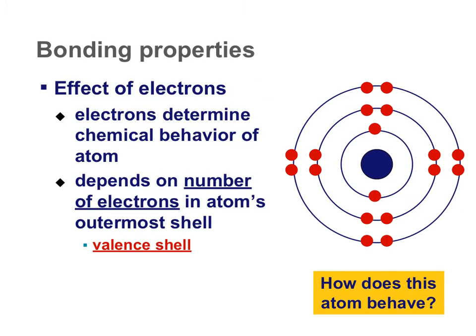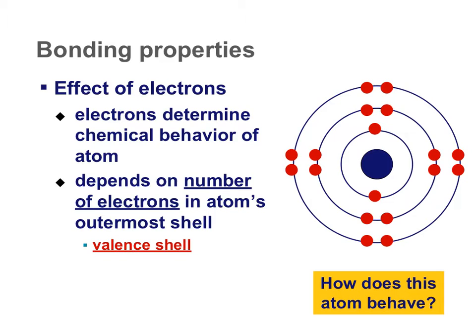Again, it is the valence electrons, the outer shell electrons, that are really going to determine how it's going to behave. We're not talking about behavior as in some sort of conscious decision, but whether or not an atom is going to enter a bonding relationship with another atom to form a molecule.